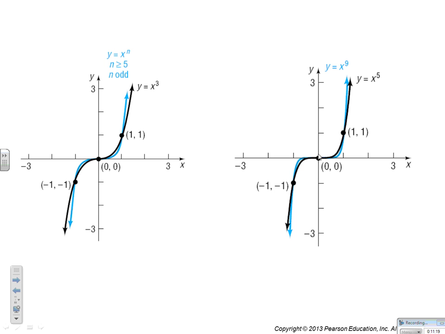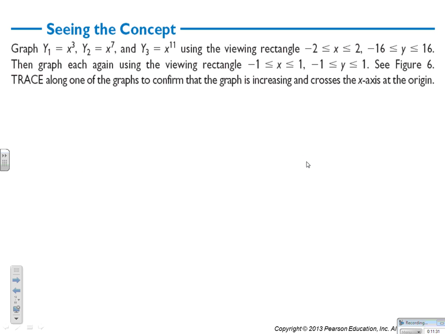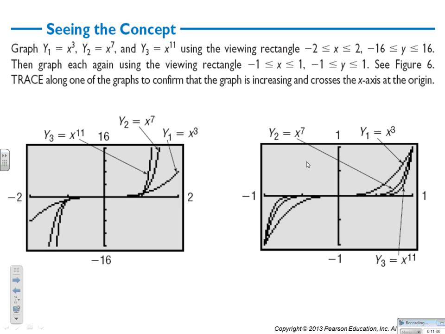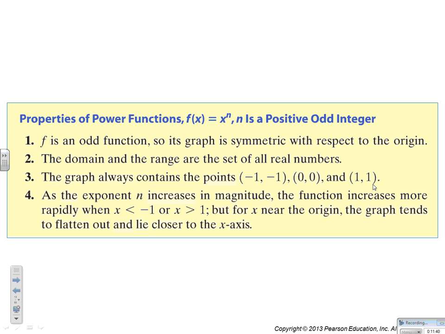As we increase the degree, the graph between -1 and 1 flattens out and hugs the x-axis a little bit more. So we compare them. We see that flattening out along the x-axis. But they all behave similarly. They all behave like an x to the third function.